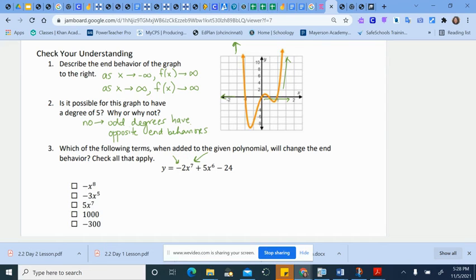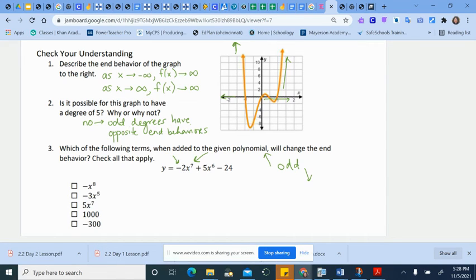Right now the highest exponent is odd, so it's going in opposite directions, and the right is going down, so the left is going up. I don't know what else is happening.